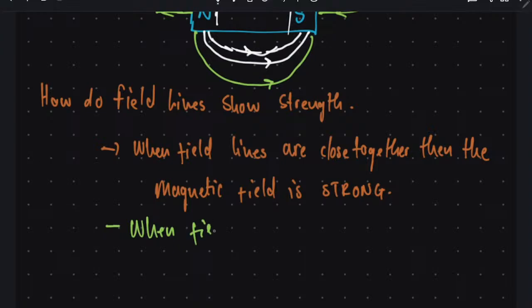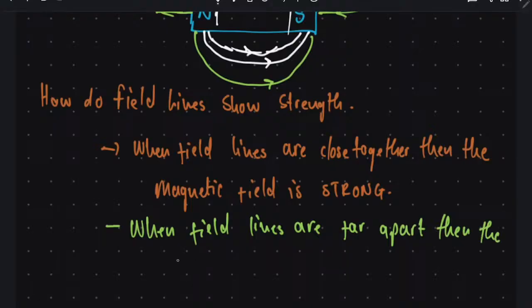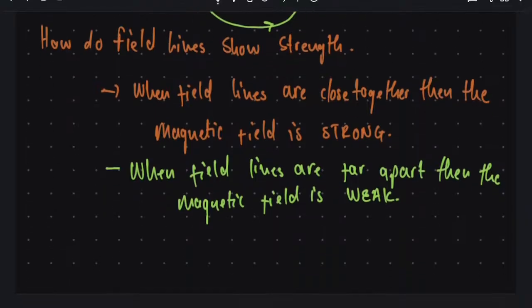When field lines are far apart, then the magnetic field is weak. We have a weak field when they are far apart. You know this. I'm just writing it for the time you may need it. Okay?